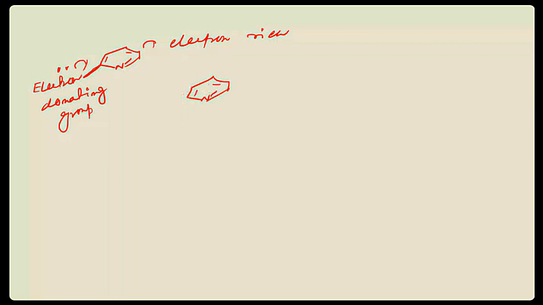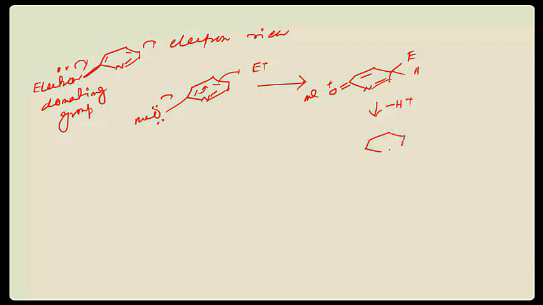This is pyridine. Here we have MeO, E plus, then we will have double bond OMe plus E hydrogen, ultimately minus H plus, and one more step, it will be E OMe. Here OMe is activating. Then see these examples.